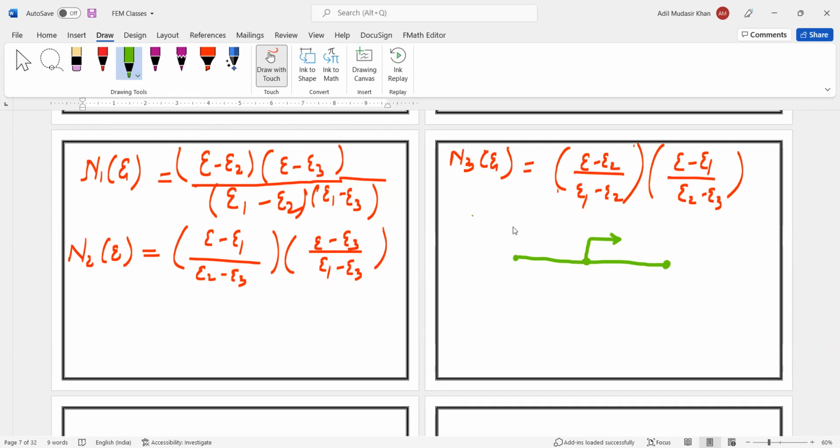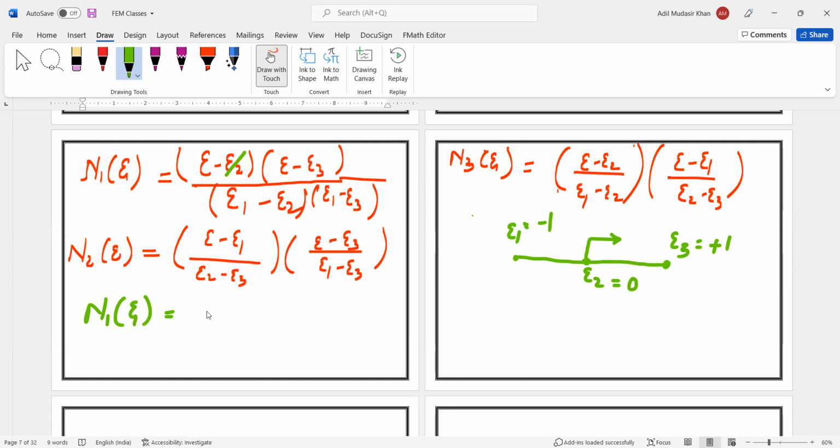So here is zeta, this is zeta 1, this is zeta 2, this is zeta 3. Zeta 3 will be equal to plus 1, zeta 1 is equal to minus 1, and zeta 2 is equal to 0. If we substitute over here, we'll get n1 as a function of zeta, with zeta 2 equal to 0 and zeta 3 equal to plus 1.